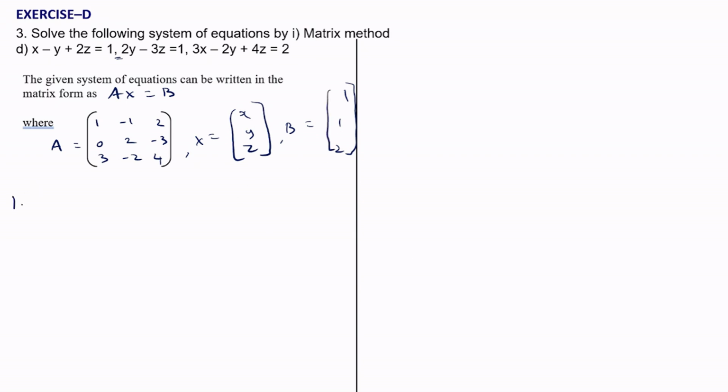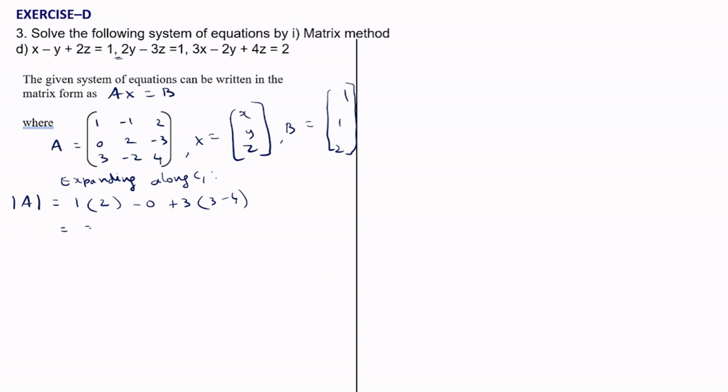So first let us find the determinant of A. Expanding along C1, since there is a 0 there, it will be easy. So 1 into, here 8 minus 6 is 2, minus 0, plus 3 into 3 minus 4.